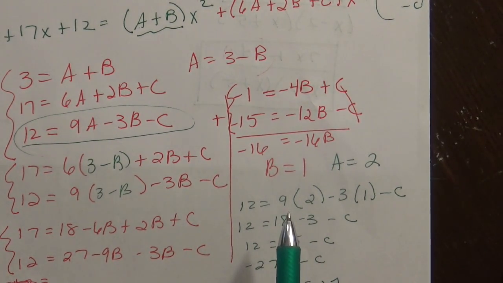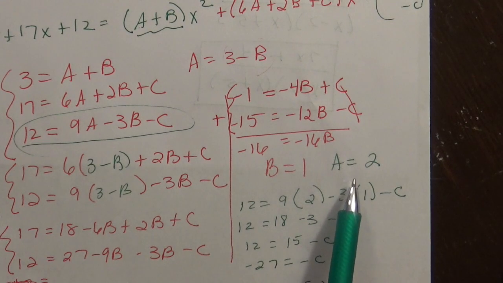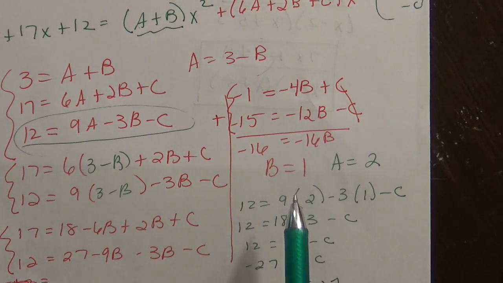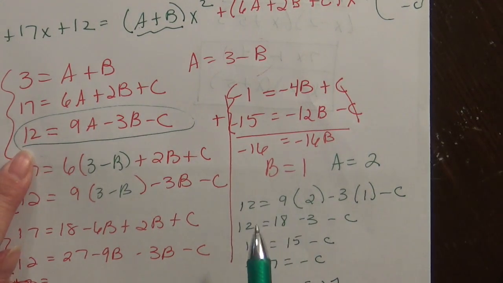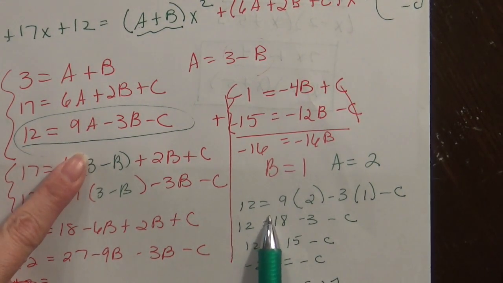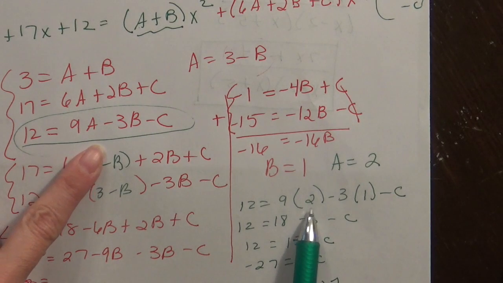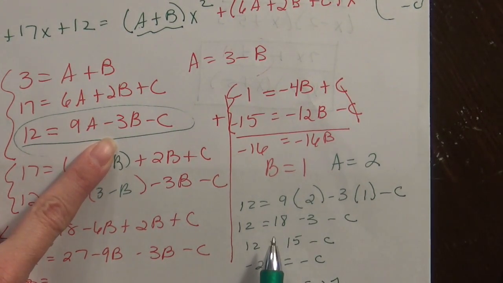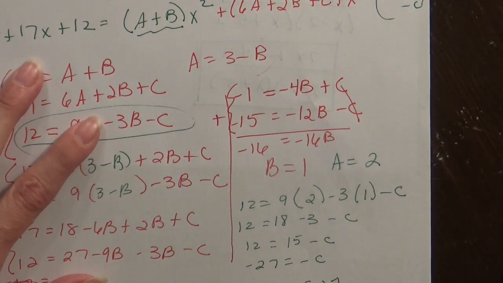So my a is 2, my b is 1. Okay, that's correct. And then I went back to this equation where I had 12 equals 9 times a is 2 minus 3 times 1 for b minus c. 12 equals 9 times 2 is 18 minus 3 minus c. 18 minus 3 is 15. Oh, I see. I messed up right there.